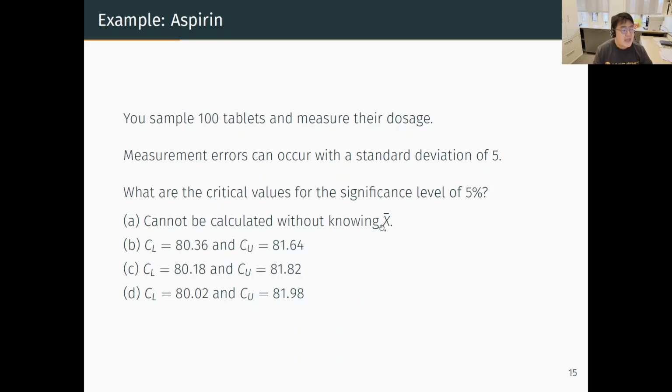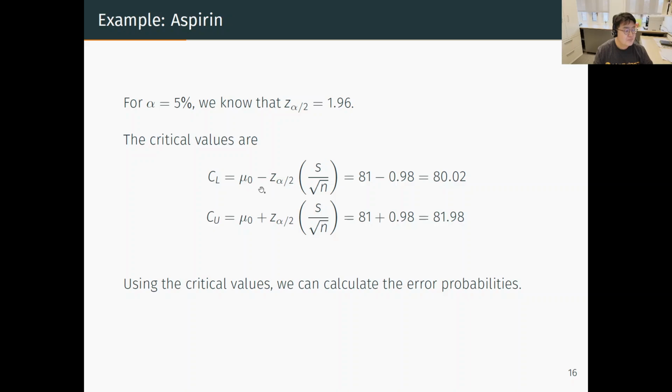So anyhow, X bar is not necessary to calculate the critical values, right? And then you remember the critical values are calculated centered around your hypothesis, which is 81 milligrams, and you add plus minus the margin. The margin is based on Z alpha over 2, which depends on the significance level, 5%.